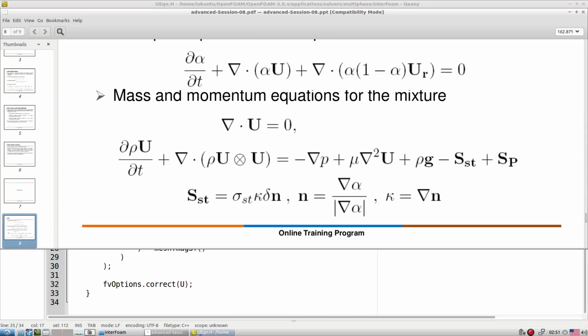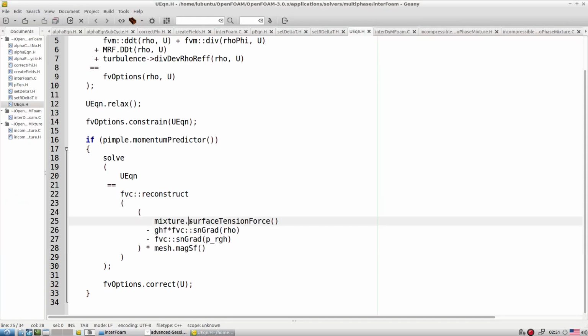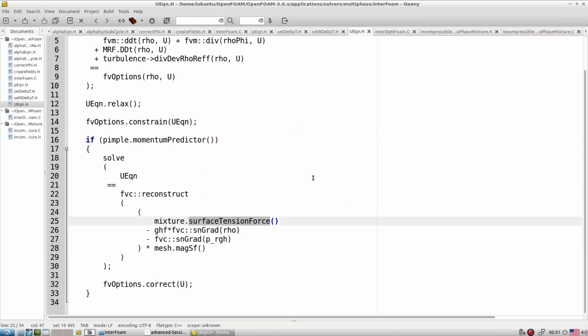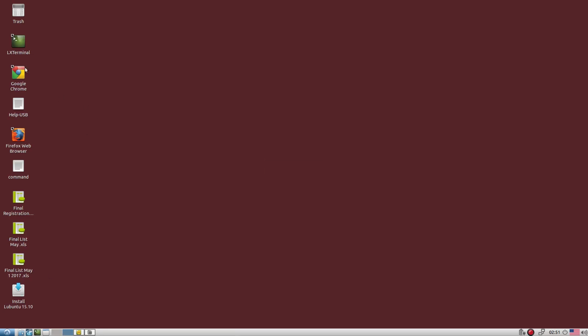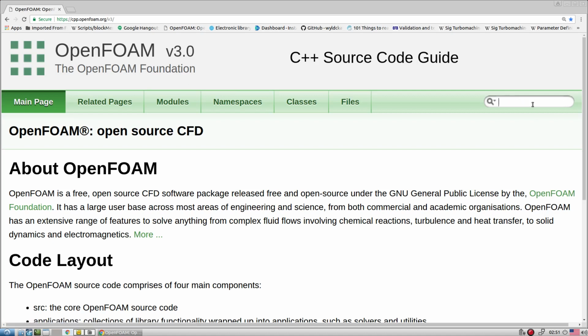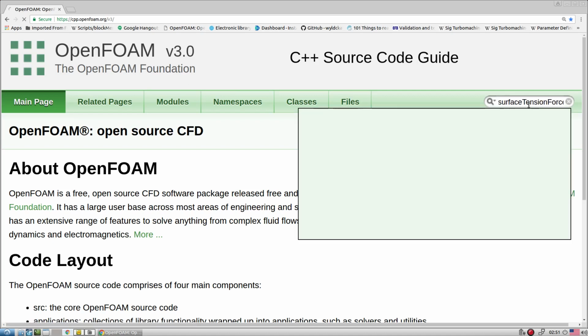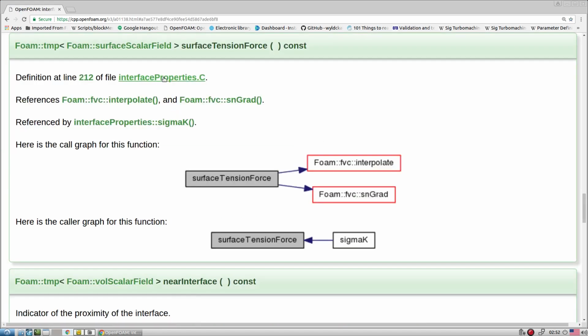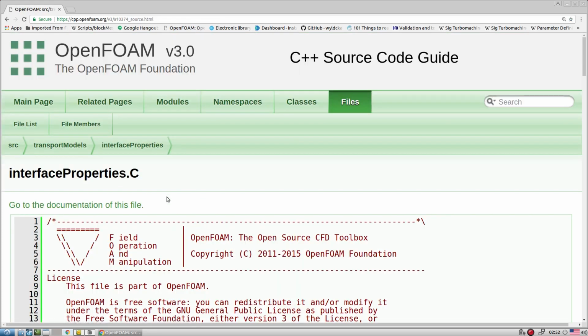Now here we have an additional entry like the surface tension force. If you want to look at the code for this surface tension force, just copy this entry and go to our Doxygen area. If you search this quantity, you will be able to find that entry. Here, interfaceProperties surfaceTensionForce is what we are looking at for this particular model, and here is the interfaceProperties.C file.